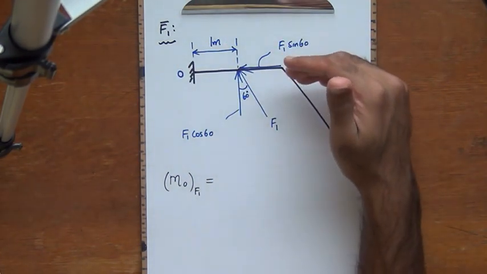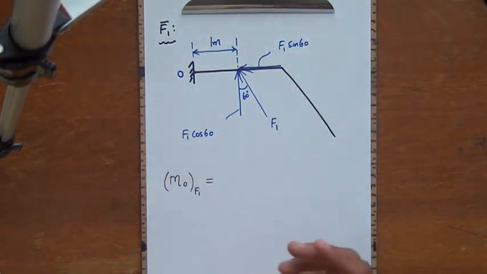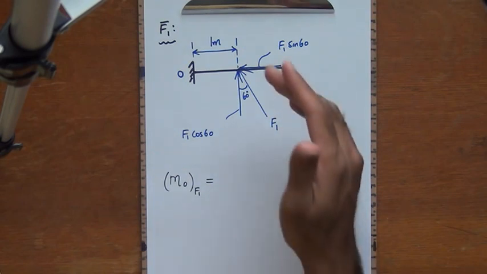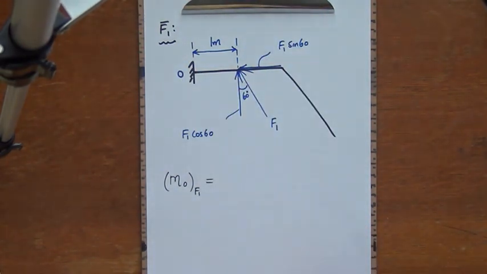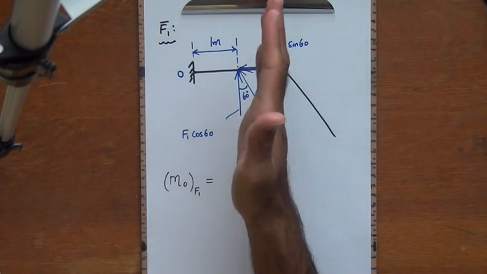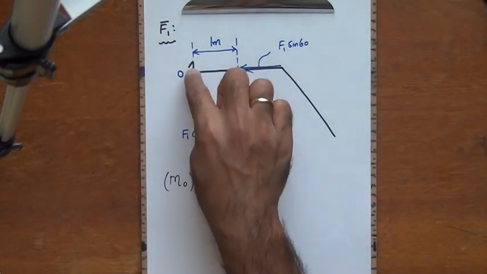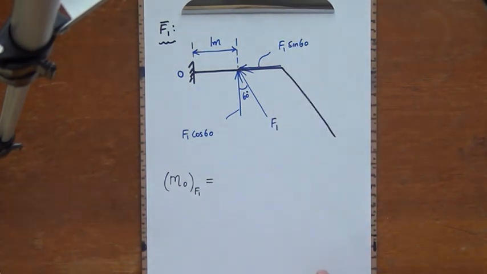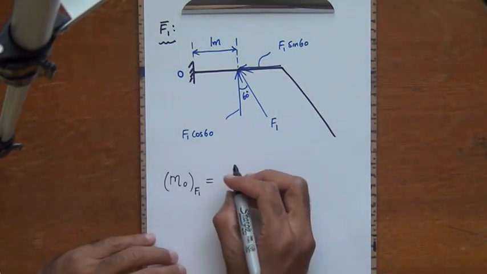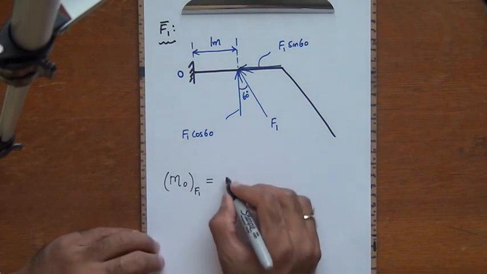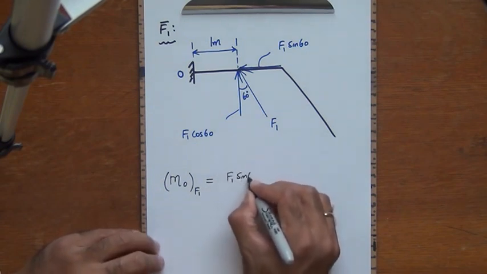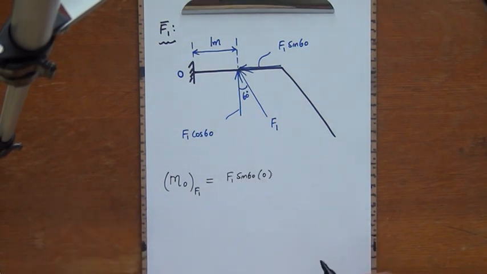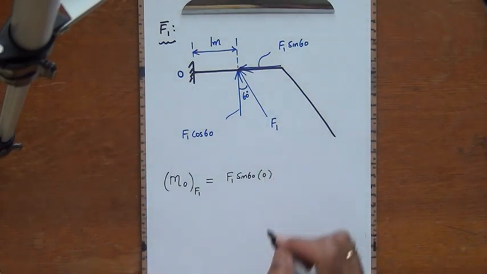If the line of action of a force passes through a point of interest or intersects the point of interest, then this force will not cause a moment about the point O, because there is no perpendicular distance whatsoever to speak of. Moment of a force is always a product of the magnitude of the force and the perpendicular distance from the point of interest to the line of action of the force. Right? So in this case, F1 sine 60 will not cause a moment. So this is going to be F1 sine 60 times 0, where 0 is the perpendicular distance written in the parenthesis here.